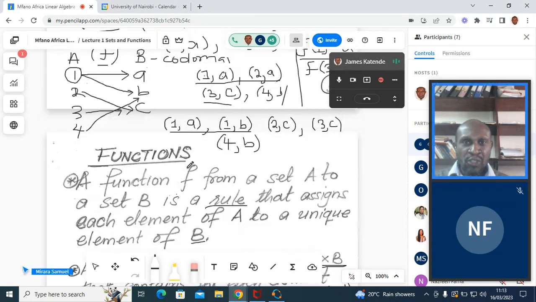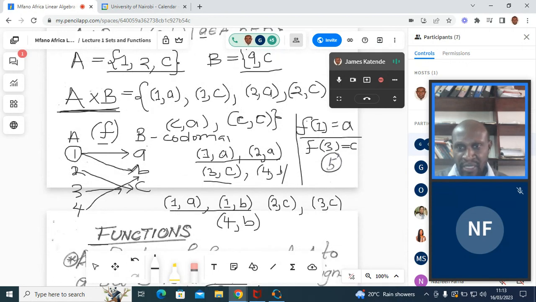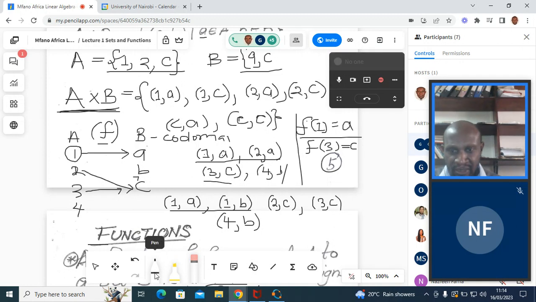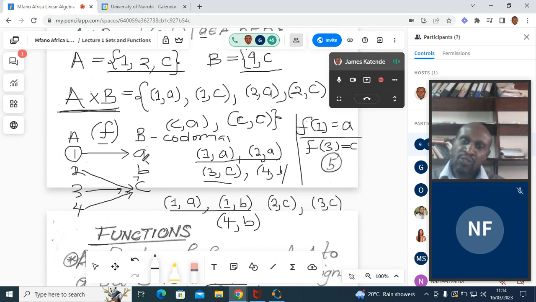So for instance, in the first example that we gave, maybe I can turn this into a function by removing this arrow. So if I do this now, it becomes a function. I can also remove 4 and say, for it to fit my agenda, let me send 4 to C. So B is left out.